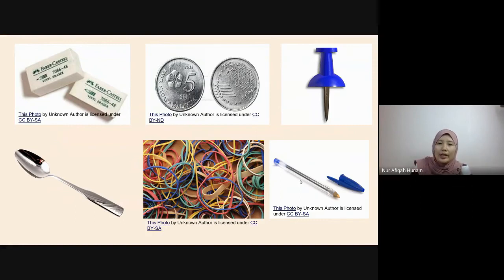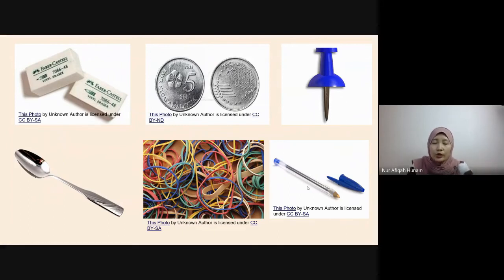Okay, but the other thing, what if I use a magnet? Which objects are attracted to the magnet, which are not? Yeah, so coin, thumbtack, and spoon are attracted to the magnet, while eraser, rubber band, and pen are not attracted to the magnet.